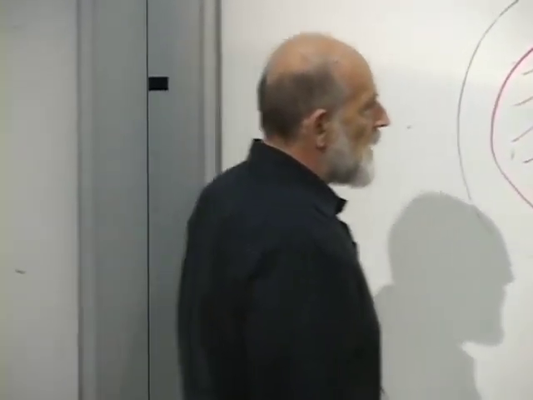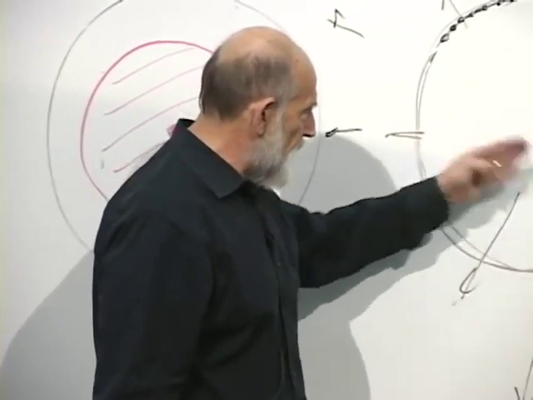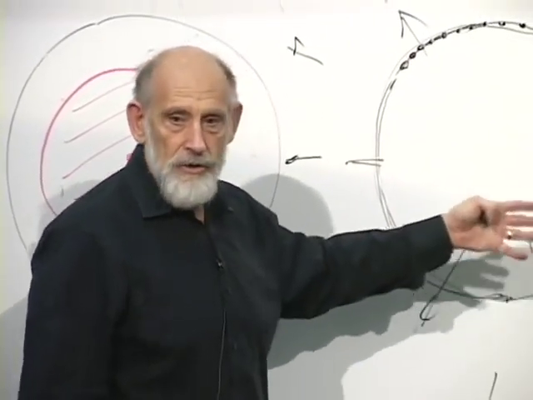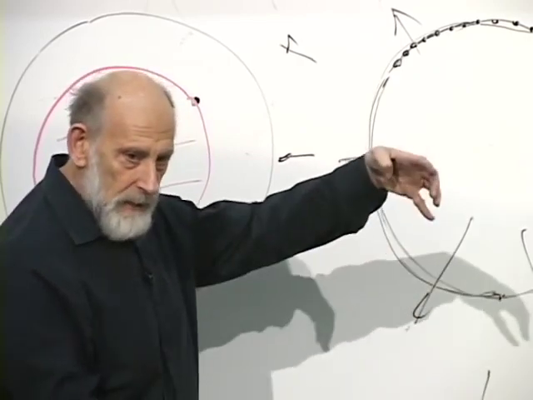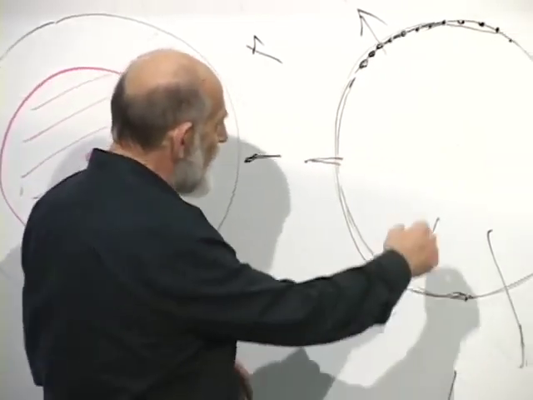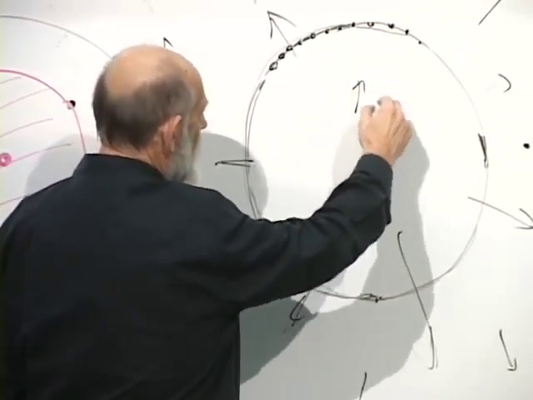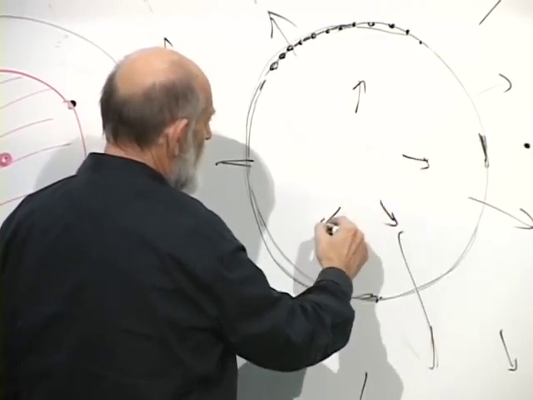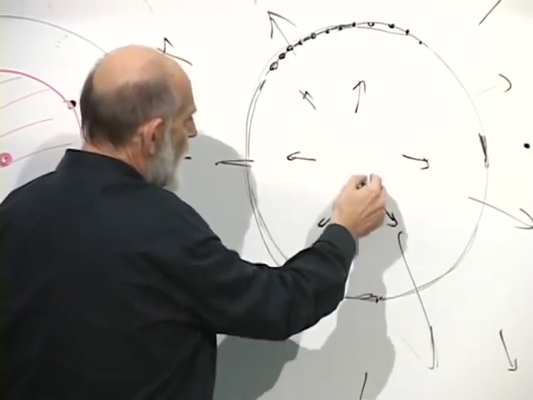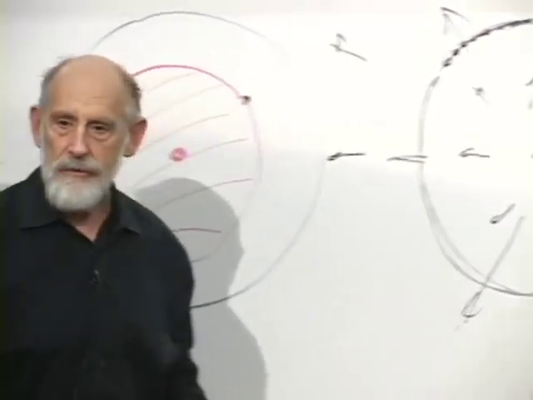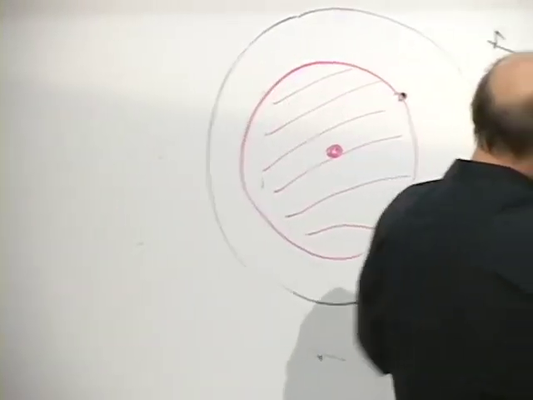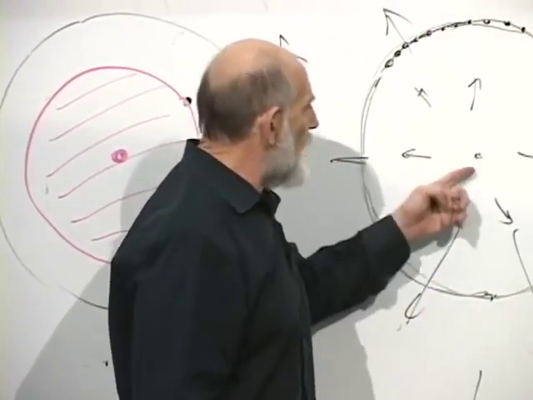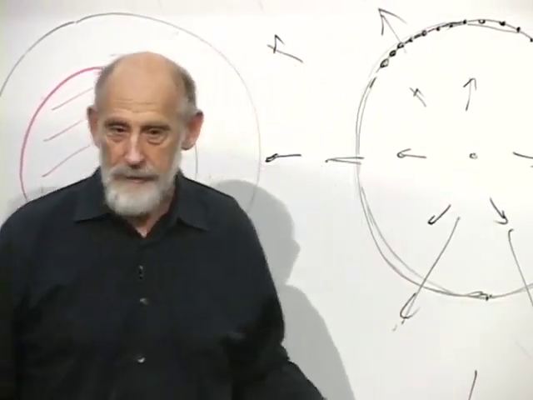But what about inside this circle? Can there be any flow of water? Which direction would it flow in? If it flowed out radially, where would it be coming from? Supposing the water flowed out here. How could that be if there was no source at the center? How could it possibly be that there would be water flowing away from the center if there was no source of water at the center?